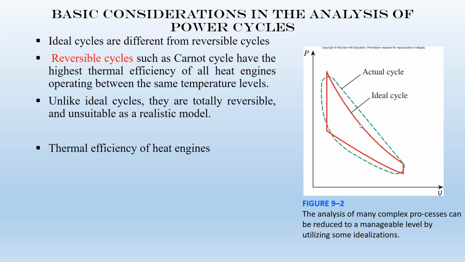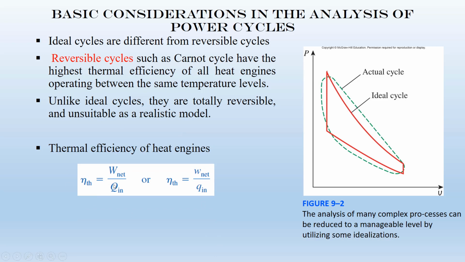If you remember, we already discussed the definition of thermal efficiency of heat engines, or the general definition for efficiency: the desired output over the required input. For a heat engine, if you remember from chapter 6, the desired output is W out and the required input is QH, or Q in.